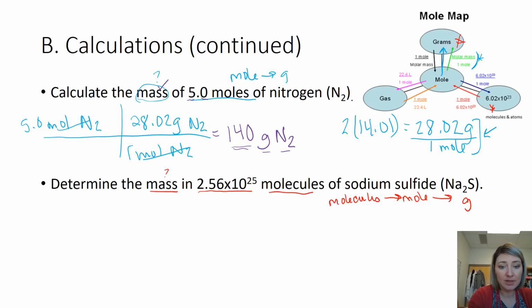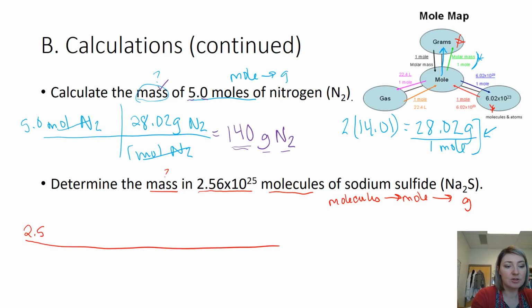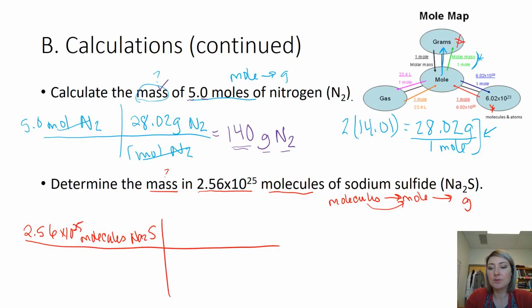We can do this. So let's start by writing our t-chart and writing our given, 2.56 times 10 to the 25th molecules of sodium sulfide. All right, so my first conversion is from molecules to moles. So I am following this red arrow, molecules to moles, and that tells me I'm going to put Avogadro's number on the bottom because I would like to cancel molecules of sodium sulfide.